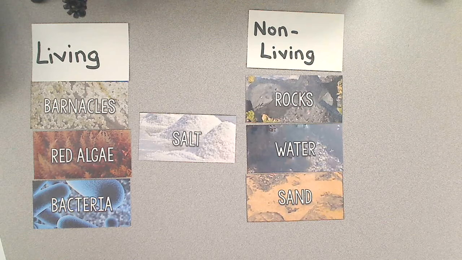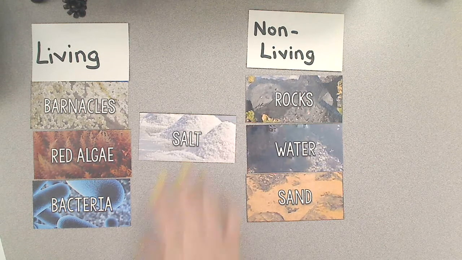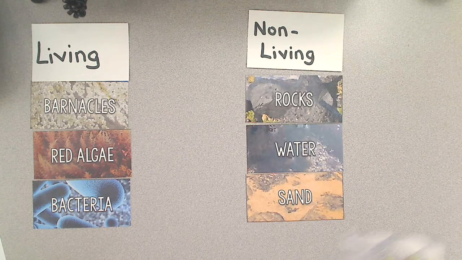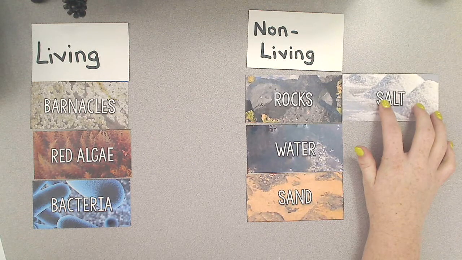Saline is the combination of salt molecules and water molecules. It does not respond to environmental stimulus. It doesn't reproduce. It doesn't adapt and evolve. It does not grow, and it does not need to eat or make its own food to have energy. So salt is non-living.